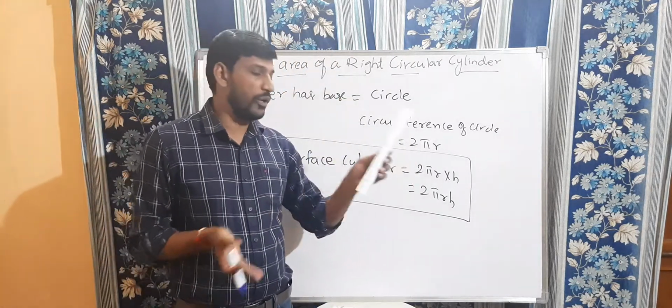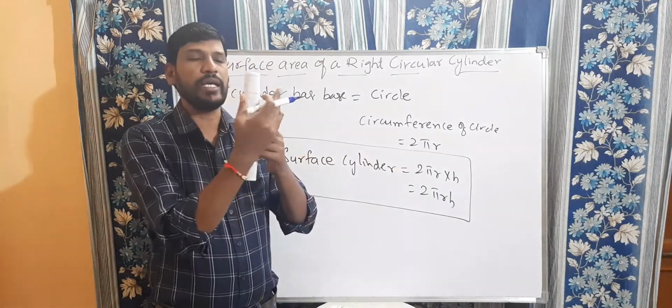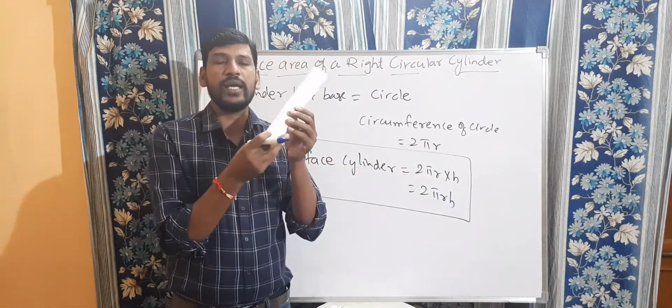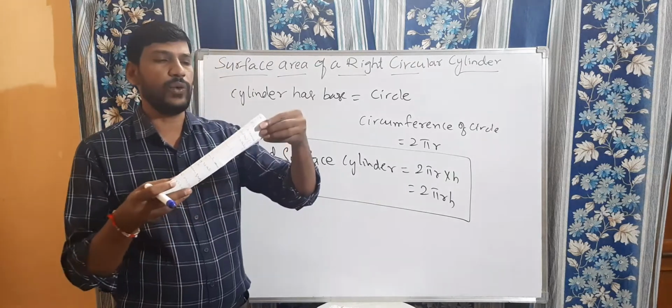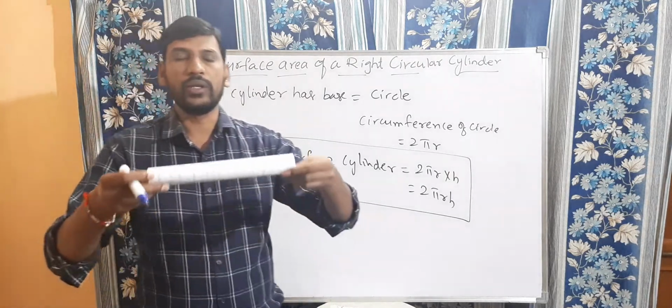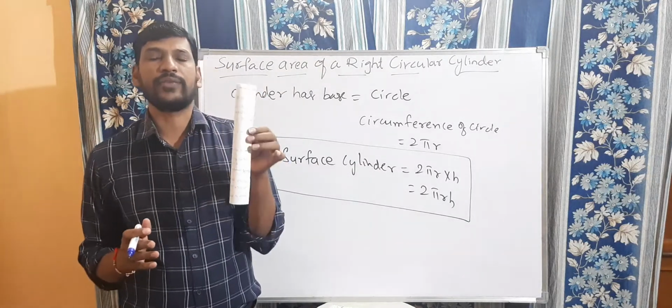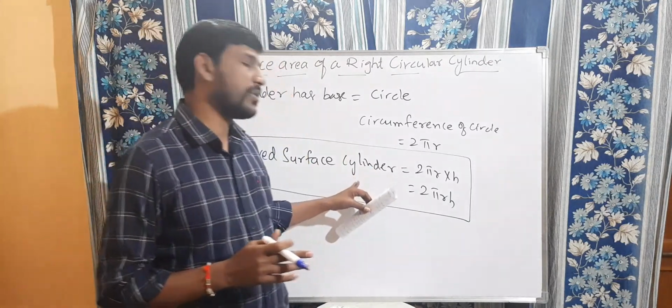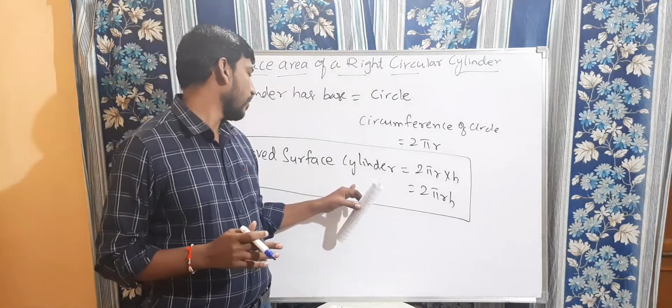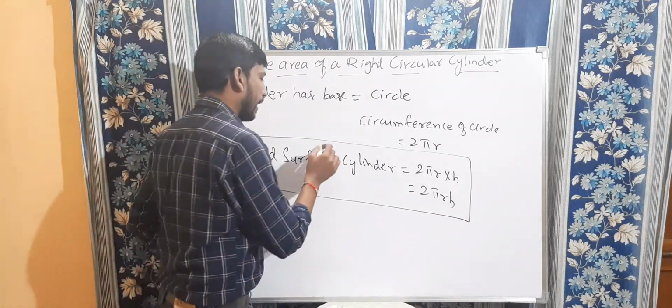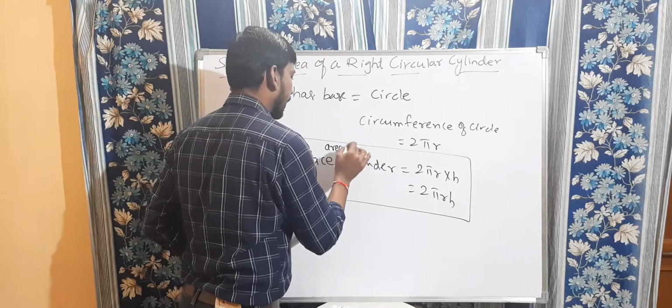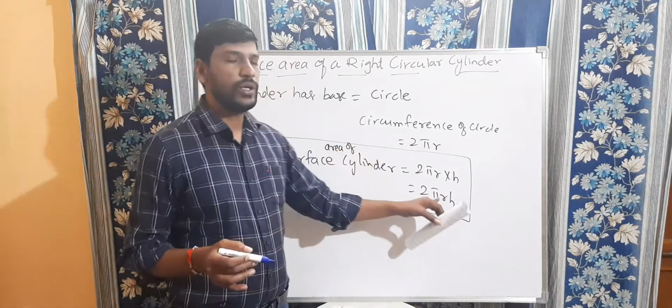The 2 pi r, when you multiply with the height, gives the curved surface area of the cylinder. See this here, it is a rolling part. It will roll. That's why we call it a curved surface area. It's not a lateral surface area. Curved surface area of cylinder is equal to 2 pi r h.